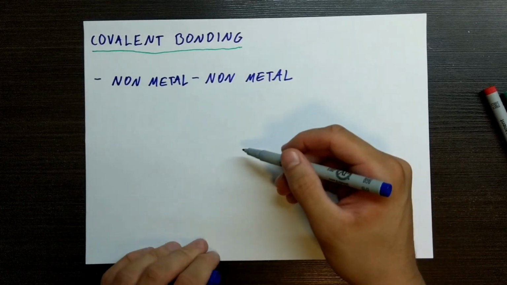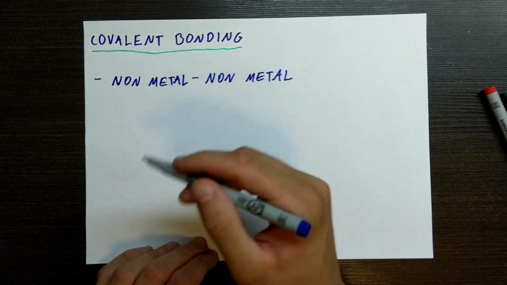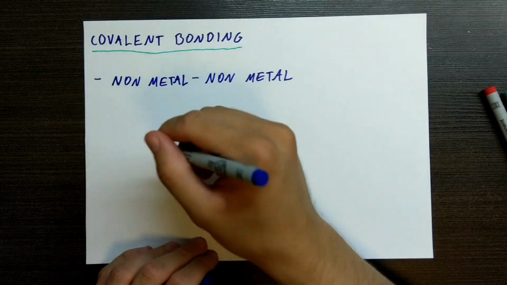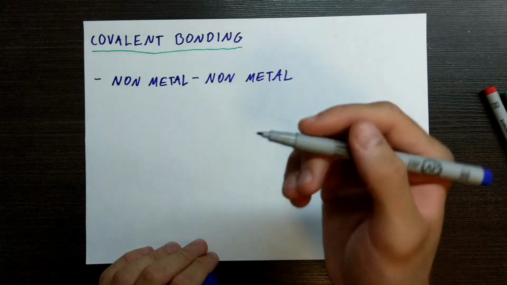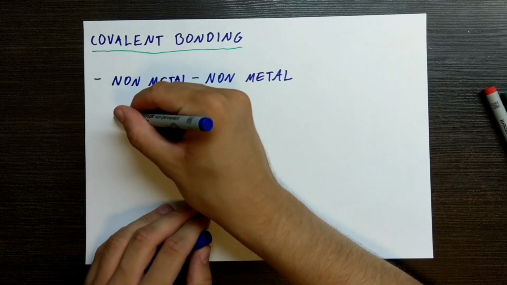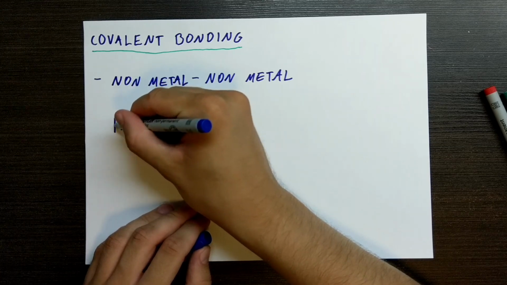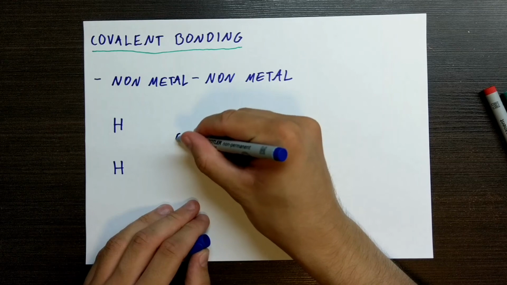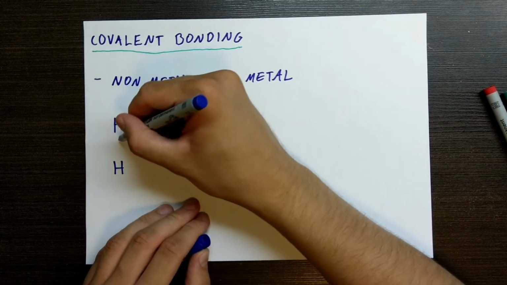Now, let's do this the same way, through an example. So we have water. Now, water is H2O, right? So water consists of two hydrogens and one oxygen.